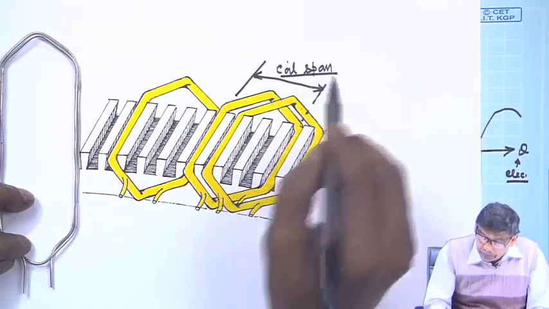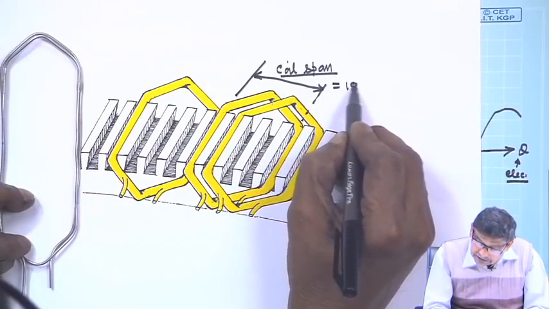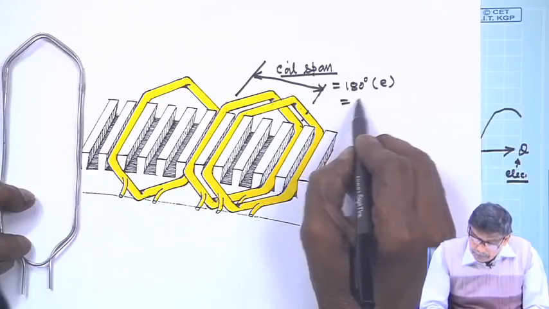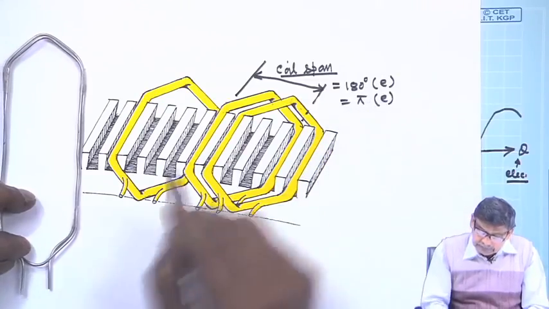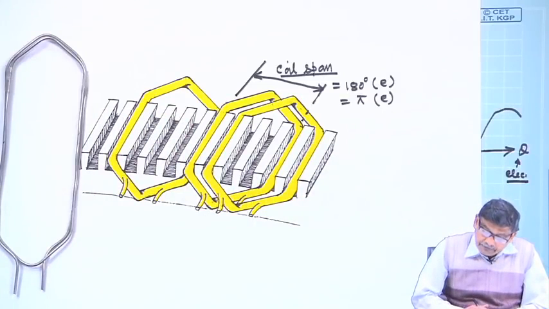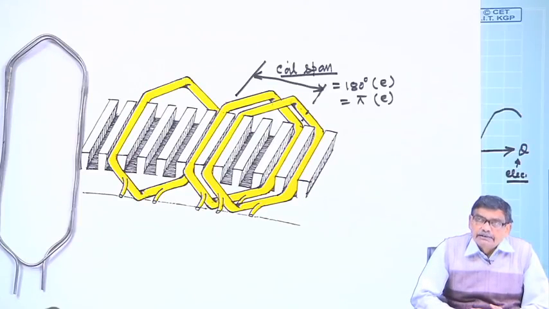In general, it should be equal to 180 degree electrical, or pi electrical, and that will ensure that, because B distribution I will always sketch in terms of electrical angle.